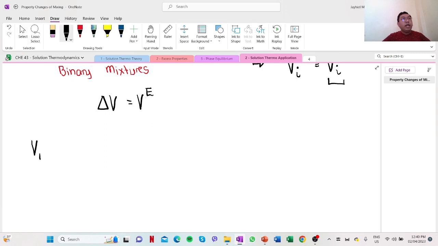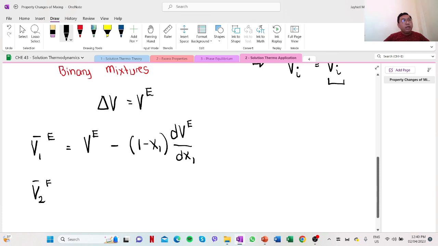And for the partial excess molar volume for component 1, the equation is VE minus 1 over x1 times the derivative dVE over dx1. And for component 2, the partial excess volume will be the excess volume of the mixture minus x1 times dVE over dx1.